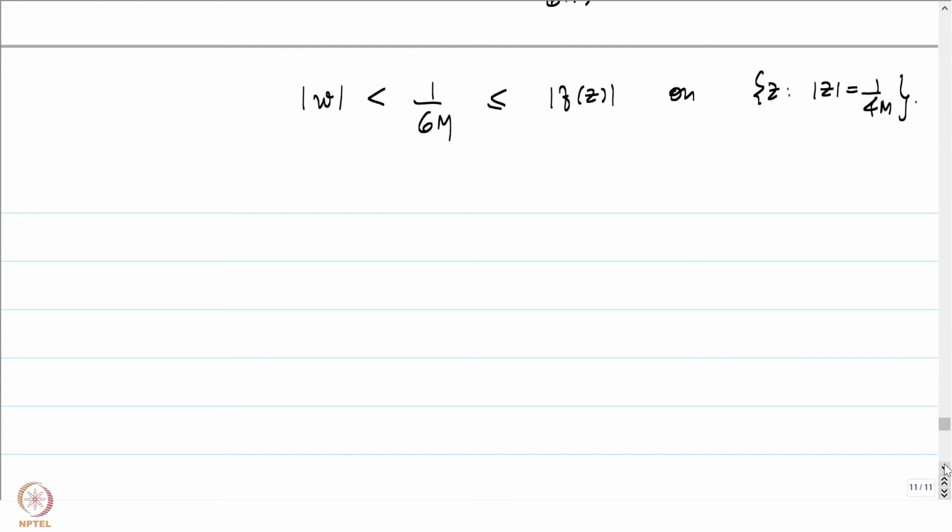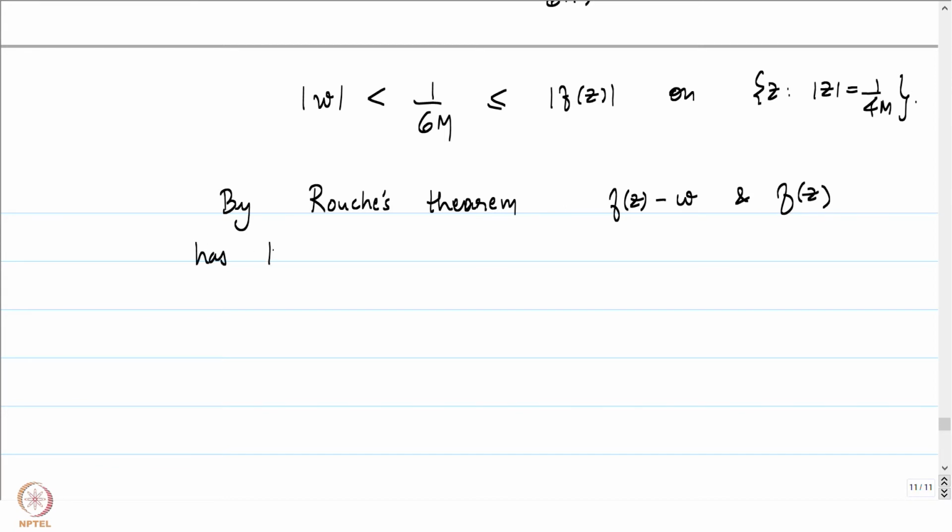Now by Rouché's theorem, if g of z is identically equal to minus w, then f plus g, which is f of z minus w, and f of z have the same number of zeros counted with multiplicity in the disk of radius 1 by 4m.